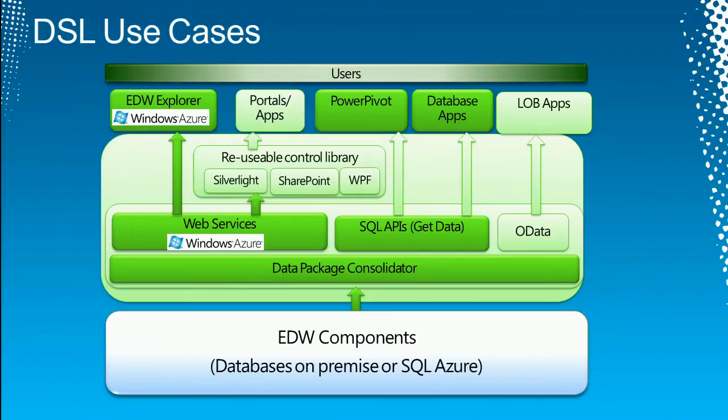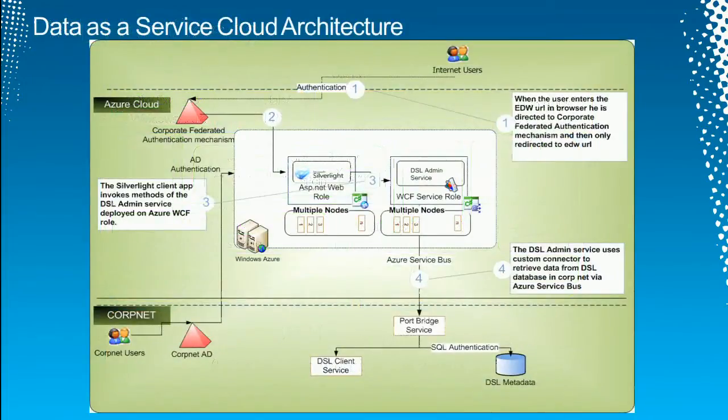There are various things we are looking at, like developing a portal application, a reusable control library for portal applications, and then link to SQL, OData interfaces. There are so many other things we are planning, and they are in the pipeline. So that's what it is. You're welcome to ask questions about detailed architecture a little bit after the session as well. But this is a good slide.